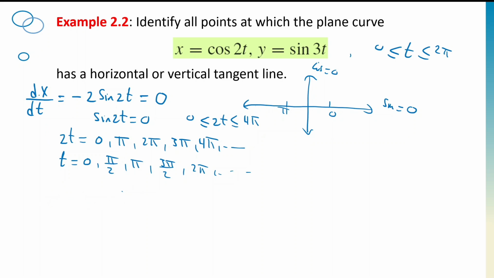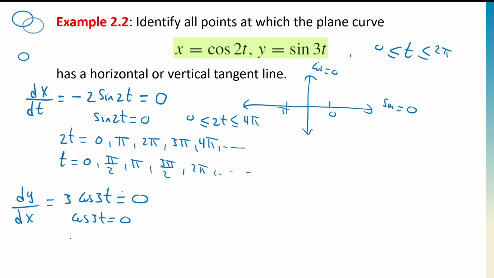Now this is dx over dt. Now let's find dy over dt. This is sine, so the derivative is 3 cosine 3t. And this is equal to 0 when the cosine is equal to 0.